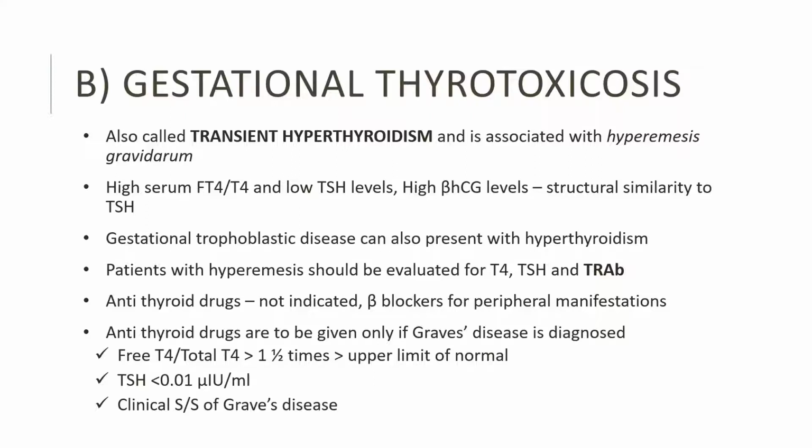So you must tell them if the beta hCG is disproportionately very high, because in gestational thyrotoxicosis and hyperemesis gravidarum, if it is very, very high, like 20,000, 200,000, 2 lakhs, then you have to think about 2 important conditions. What are those conditions? Number 1 is hydatidiform mole, and number 2 is choriocarcinoma.